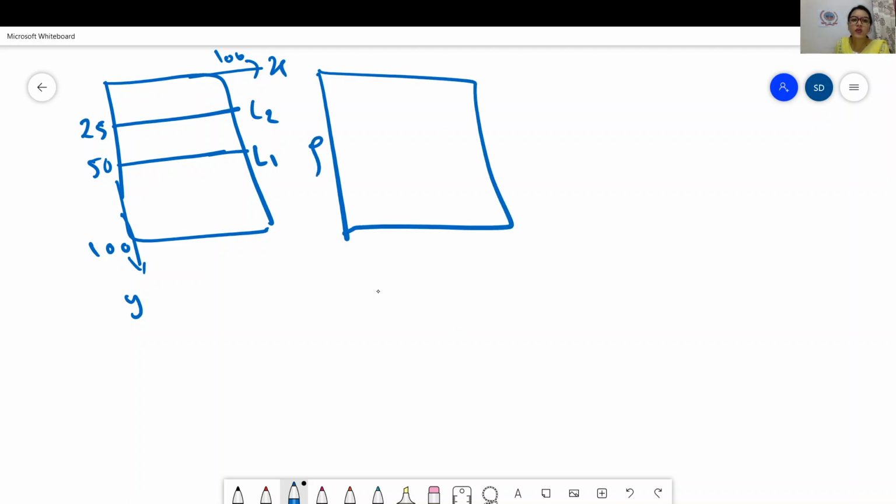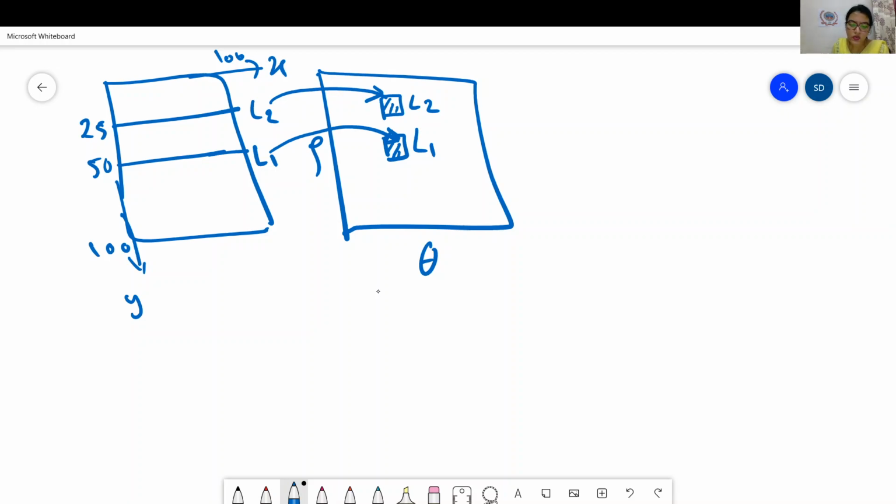If this is your rho and this is your theta, then at one location you will get the mapping of this whole line as one point. And at another location you will get the mapping for this L2.